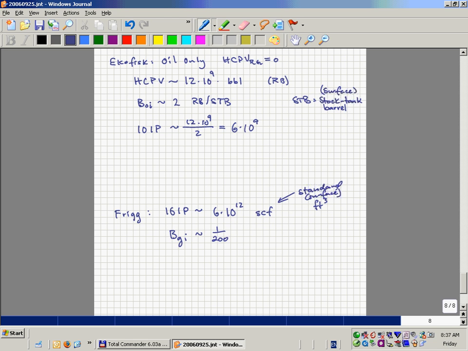Well, we don't need to make this calculation. Let's just stick with this. Then you've got some kind of a hydrocarbon pore volume in Frigg, which is reservoir gas hydrocarbon pore volume.